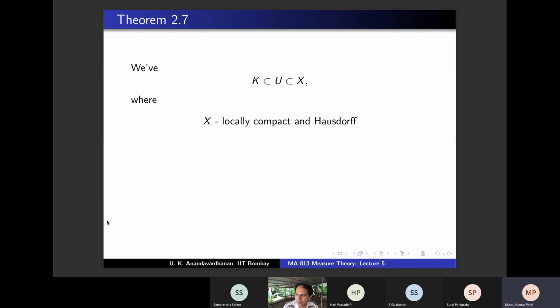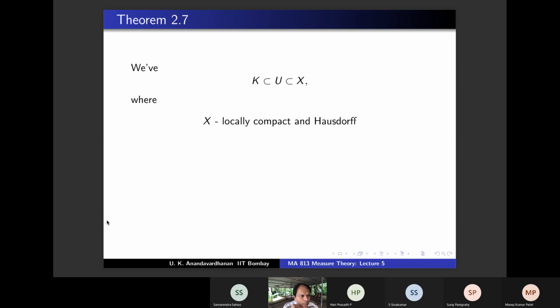Every point has a neighborhood whose closure is compact. We will not say compact neighborhood because for Rudin neighborhood means open. So what you said is correct, and our way of putting that will be: every point has a neighborhood whose closure is compact. And in a Hausdorff space, what is Hausdorff? Any two points can be separated. Given two distinct points, there is one open set containing one, another containing the other, which are disjoint.